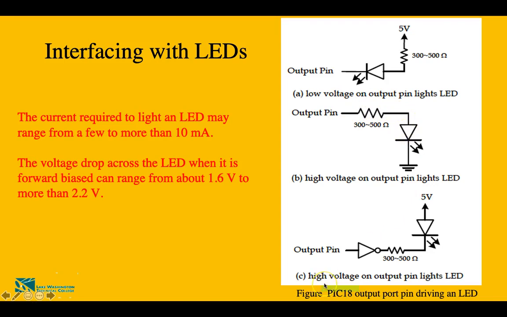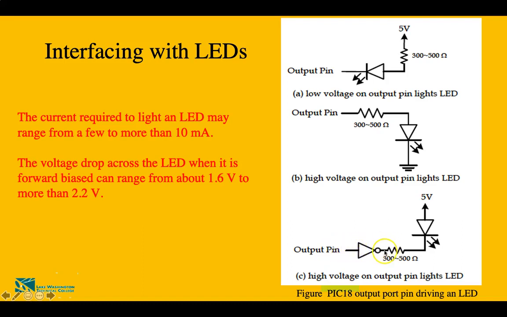And this is another way of connecting, where a high voltage on the output pin lights the LED. Here we have a NOT gate connected to the limiting resistor and then to the LED, so this side of the NOT gate is connected to the output pin.